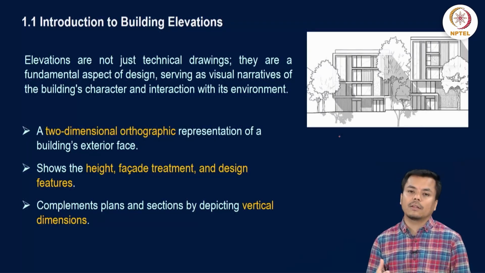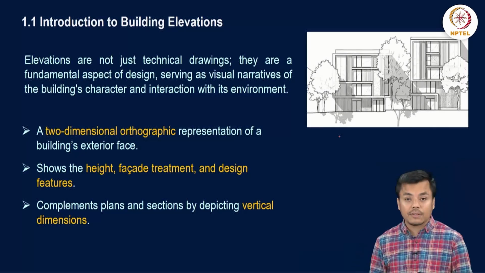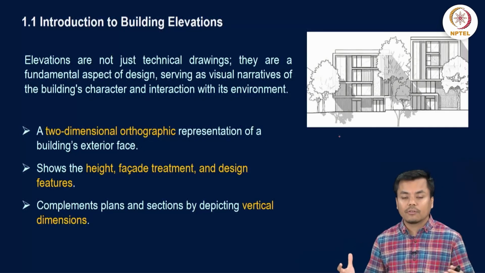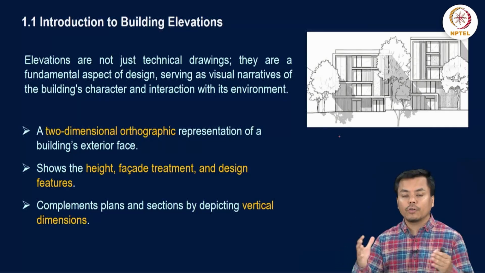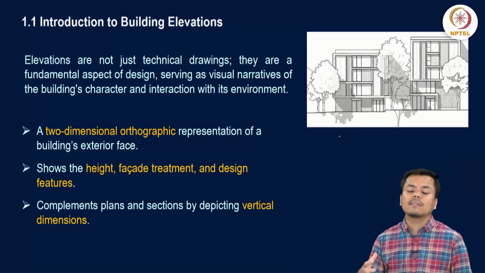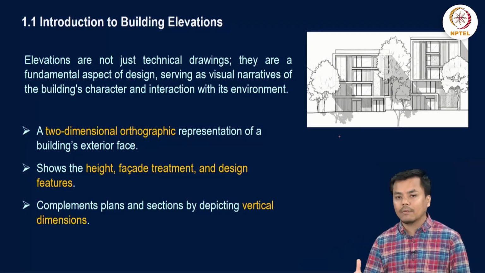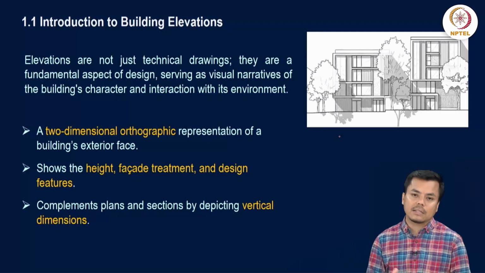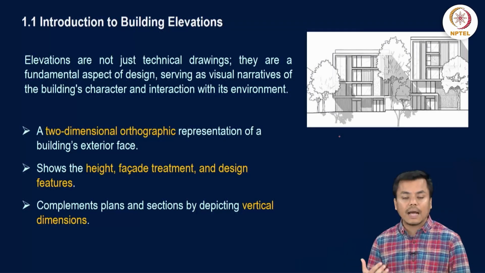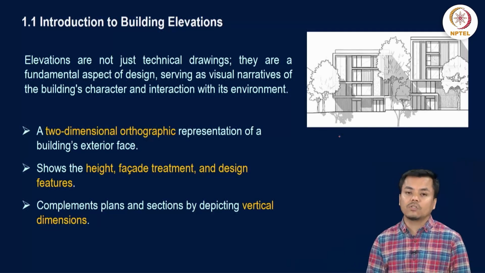So next, the elevation also shows the height of the structure, the facade treatment, that is, what sort of design elements you have used, and some specific design features if you have thought of any for the structure. So it shows all these three distinct features: height, any facade treatment, and any design feature that you have thought of for the structure.